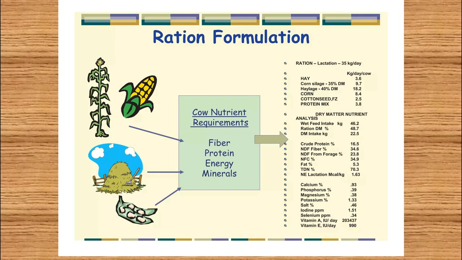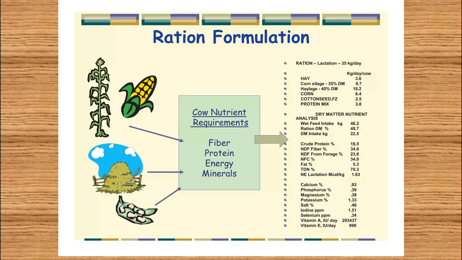Ration formulation is a technique in which the different nutrient requirements are met for different types of animals. The cow's nutrients contain fiber, protein, energy and minerals as usual.